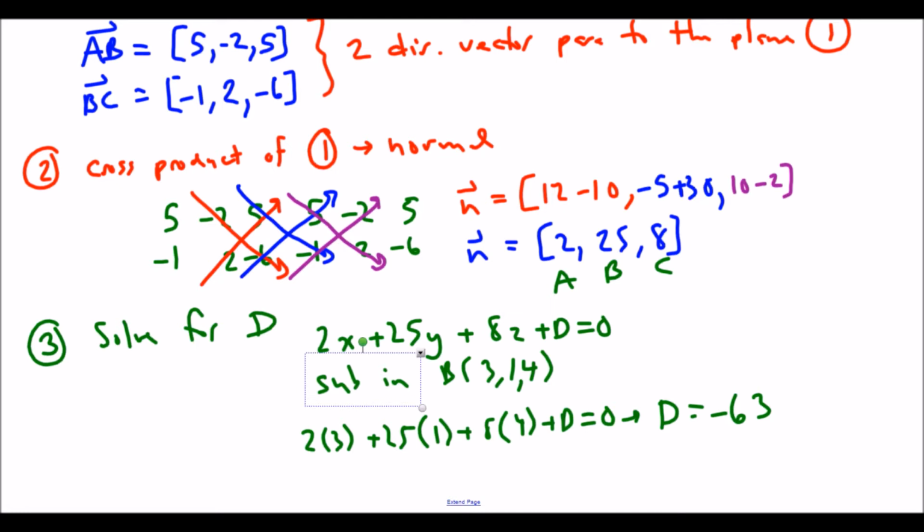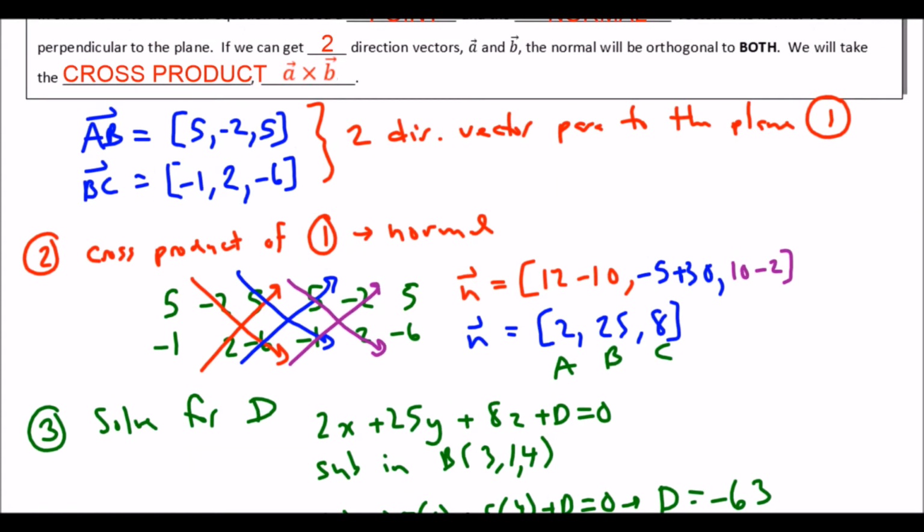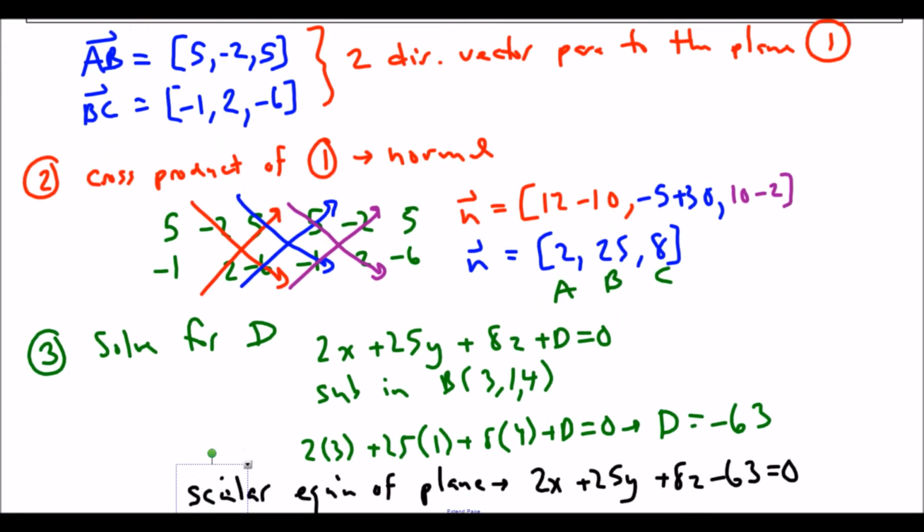The scalar form will be 2x plus 25y plus 8z minus 63 is equal to 0. Step 1, find two direction vectors. Step 2, cross product, find the normal, which is your a, b, and c value. And step 3, solve for d.